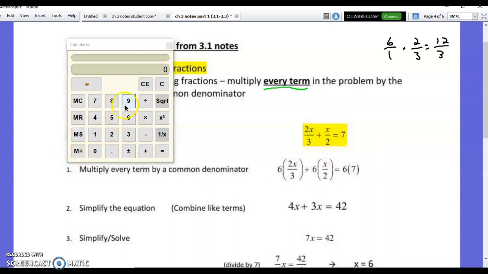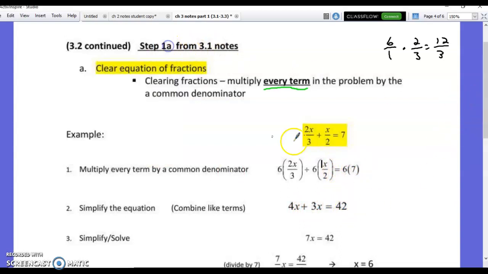But you can do it all in one step on a calculator. So here I would do 6 times 2 and then divided by 3, and the calculator does our order of operations for us. That's where we get the 4, the 4x. Over here we have 6, and remember there's a 1 there. So 6 times 1 divided by 2, that's how I get my 3 here. And of course 6 times 7, we get the 42.